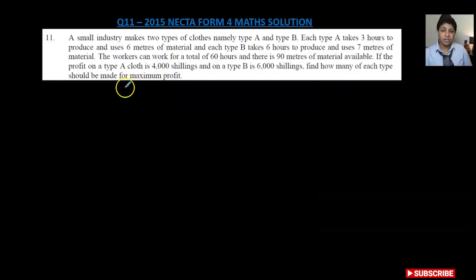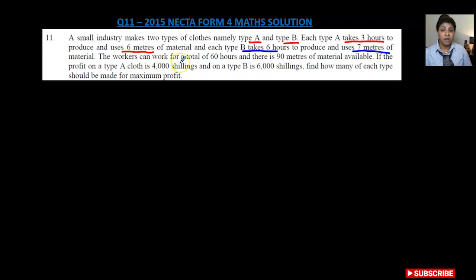The question says a small industry makes two types of cloth, type A and type B. Each type A takes 3 hours to produce and uses 6 meters of material, and each type B, I'm going to put that in blue, takes 6 hours to produce and uses 7 meters of material.